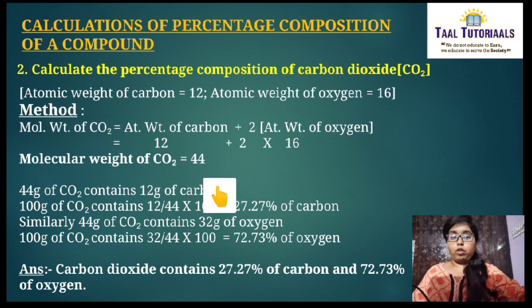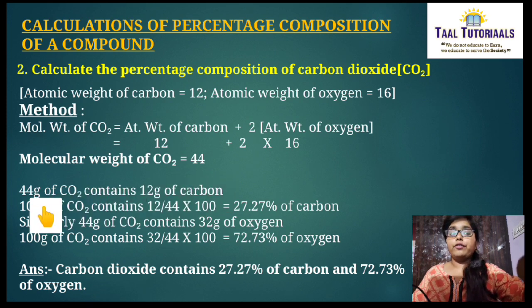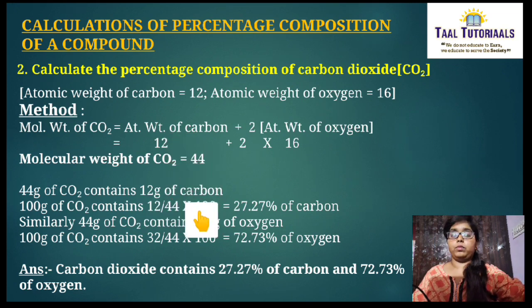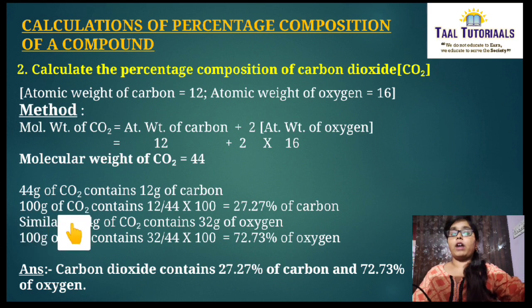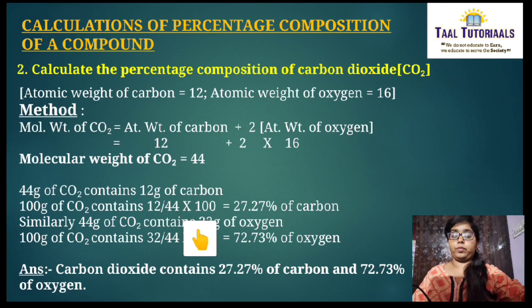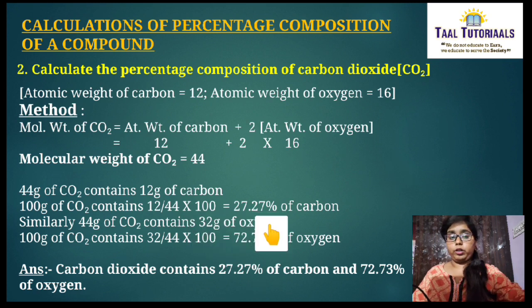Yes, 44. Now 44 gram of carbon dioxide contains how much? 12 gram of carbon, since the atomic weight of carbon is 12. Percentage you will always take for 100 gram, so 100 gram of carbon dioxide contains 12 divided by molecular weight, multiplied by 100. You get 27.27.